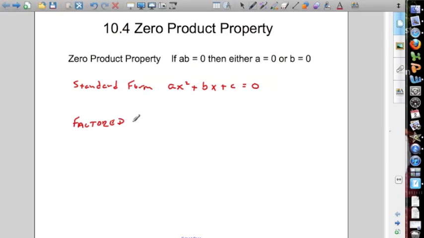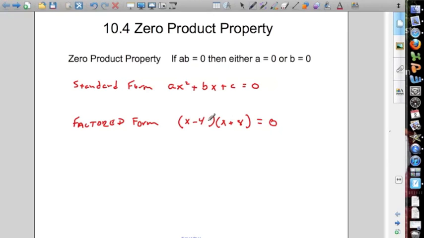The factored form takes the standard form of a quadratic equation and writes an equivalent equation by splitting it into two sets of parentheses. So let's just call this x minus 4, x plus 8.